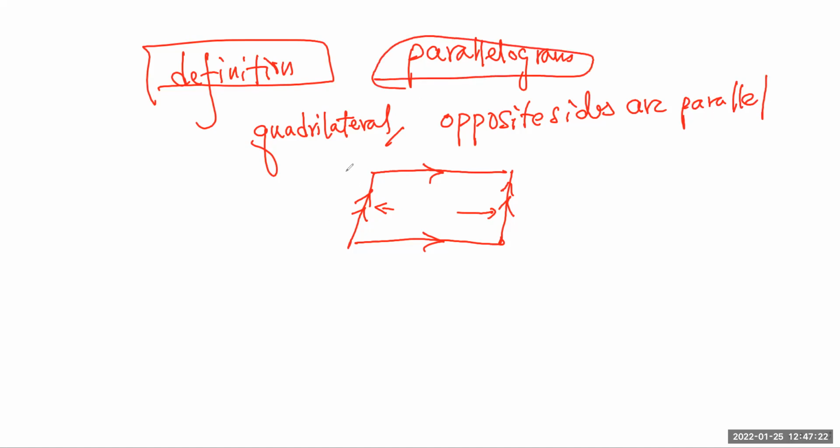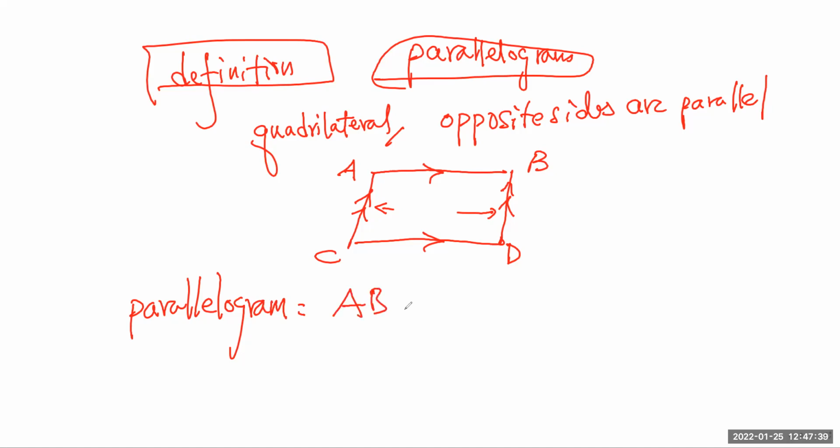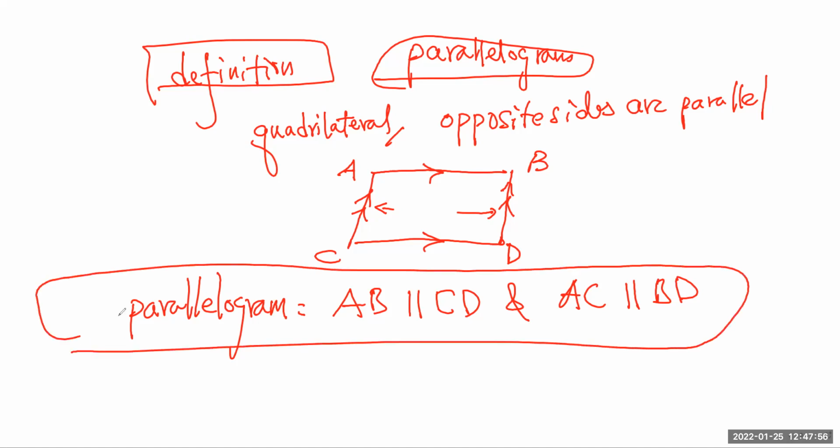And in our modern terminology we could say a parallelogram is a quadrilateral, and AB is parallel to CD, and AC is parallel to BD. So that's basically our definition. Good? Yep. So that's the parallelogram.